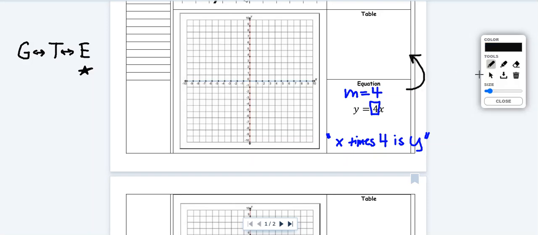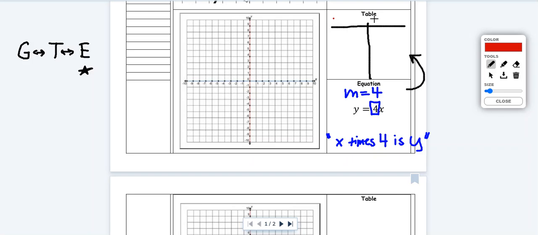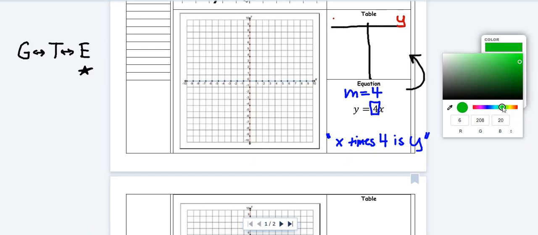Next step in our bridge. Make a table. We can make a t-chart. Our x and y are always going to go on either side. So we have our y on this side and our x on this side.